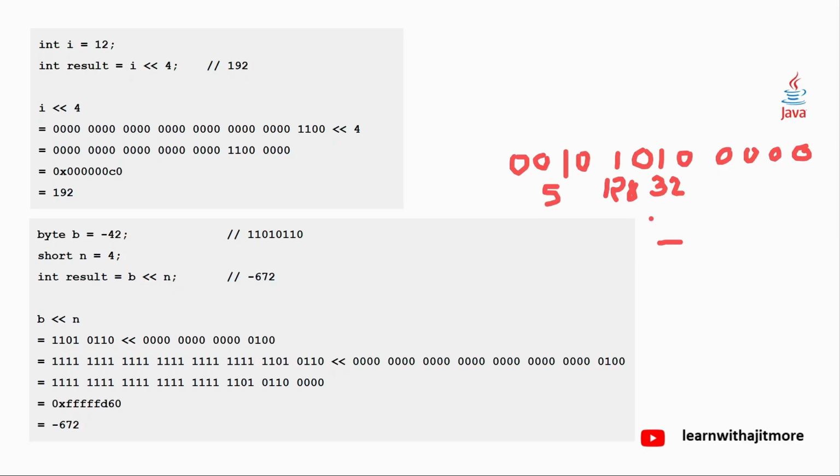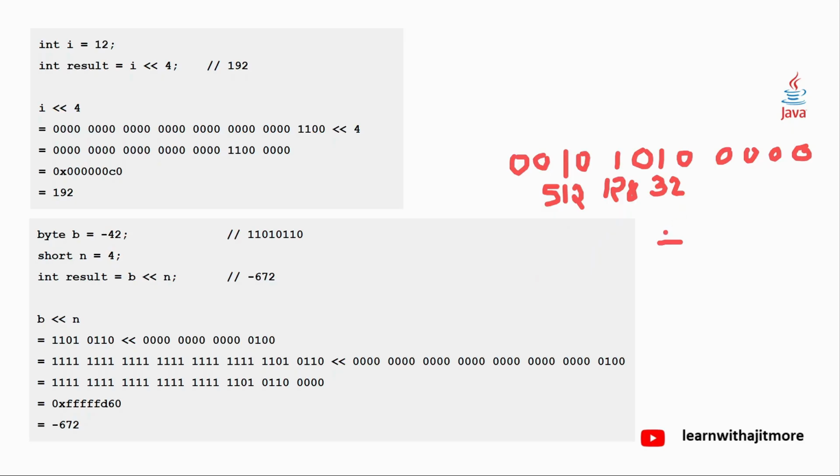Here it is 256 and here it will be 512. 0, 1, 2, 3, 4, 5, 6, 7, 8, 9. 9 is 512. Is it right?